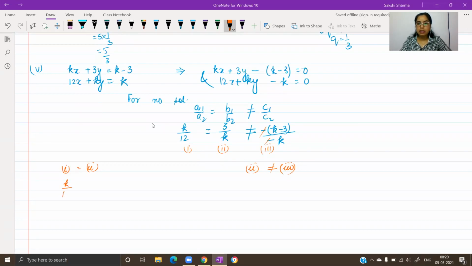So k by 12 equals to 3 over k. K squared is 36. Now this is something you want to keep in mind when you take this square and transpose. This is the first thing that comes to your mind, but possible values could be positive or negative. Means the answer could be positive 6 or negative 6. In both cases, the square will be 36.